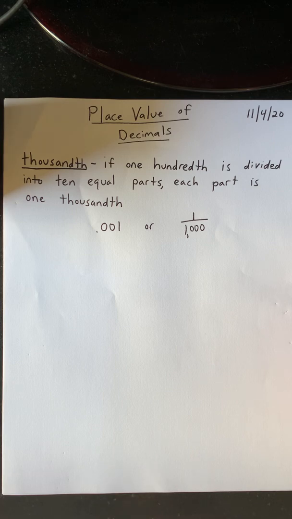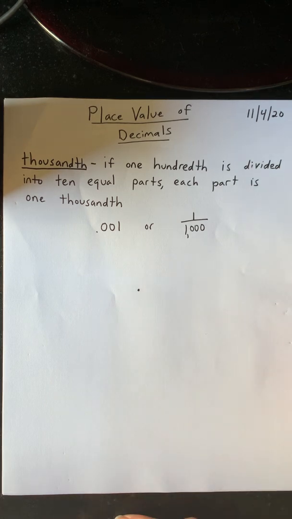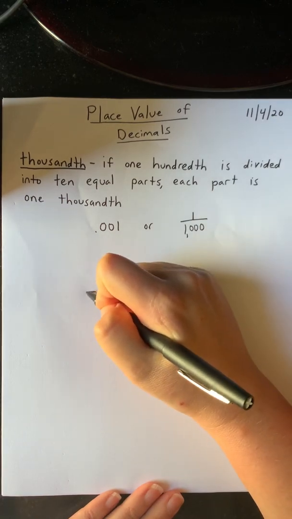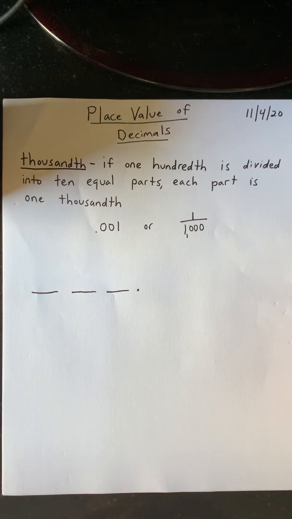We are next going to be making a place value chart. I'm going to put a decimal in the center, and I'm going to put 3 lines to the left of the decimal. To the left of the decimal, that's your whole number side that we learned about in the past.